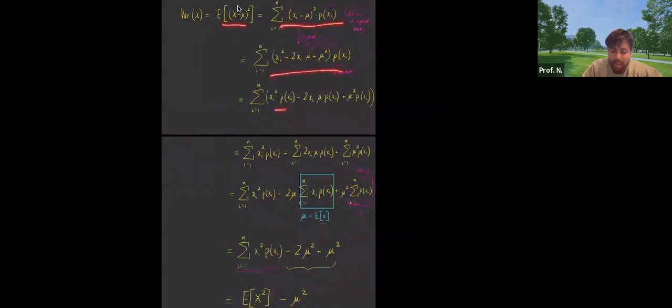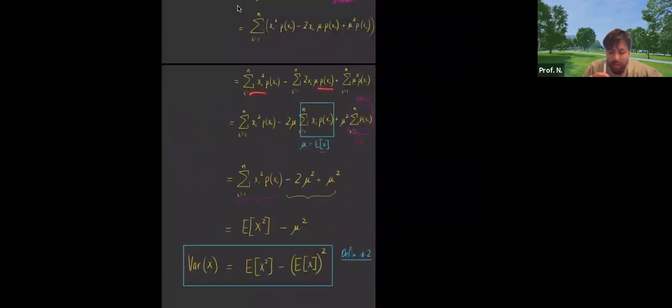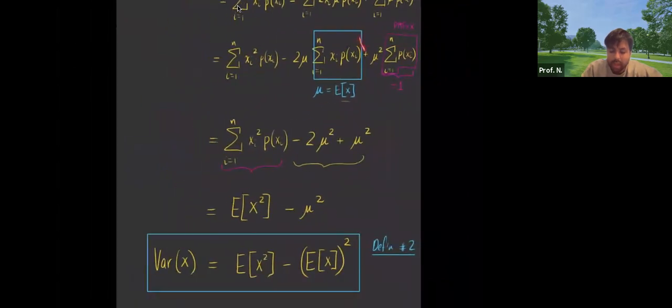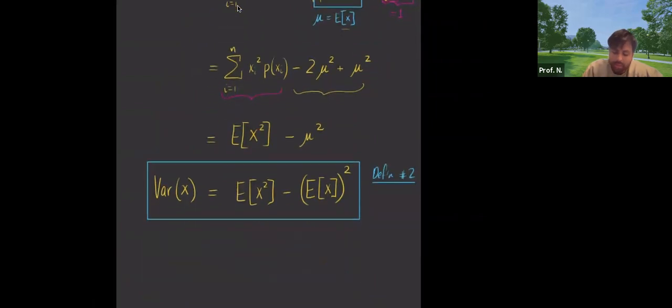We expanded things out, we distributed, we created 3 different summations, we recognized that some of these things we know the values of. And then we see that we can actually find the variance of x by finding the expected value of x squared, minus the expected value of x, squared. So these are not the same thing, okay? This is the expected value of x, and you square that. This is the expected value of x squared, which is the random variable x that you're squaring. So this is another way to compute variance.